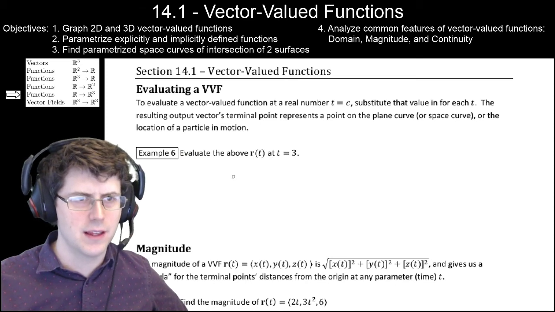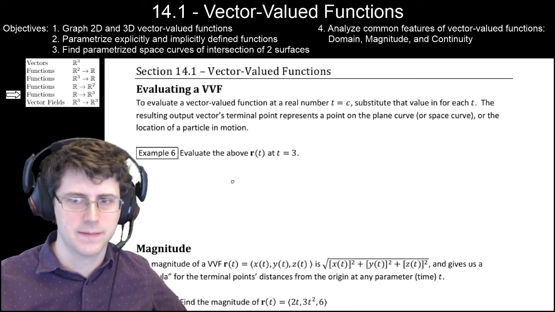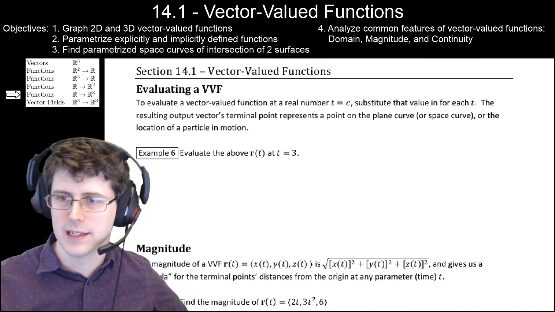Example 6. Evaluate the above r of t at t equals 3. Oh, I guess the one from the previous page.